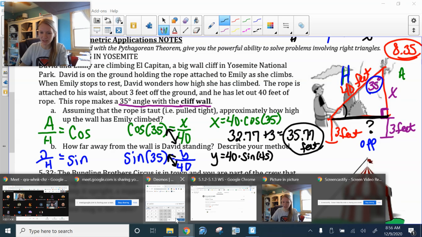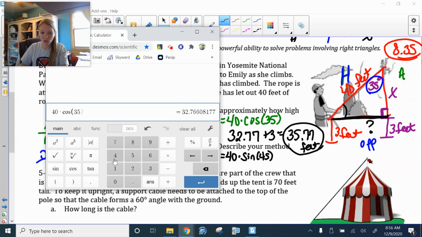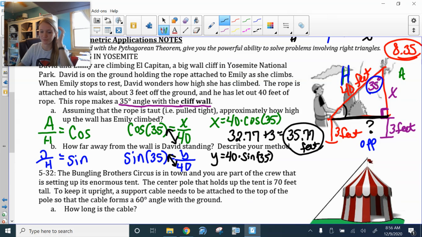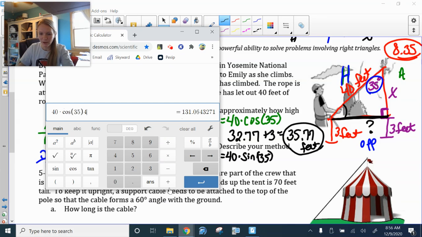So I just need to type in 40 times the sine of 35. I wrote the wrong number in there. Try that again. 35. There we go. Try that one more time. 40 times the sine of 35.